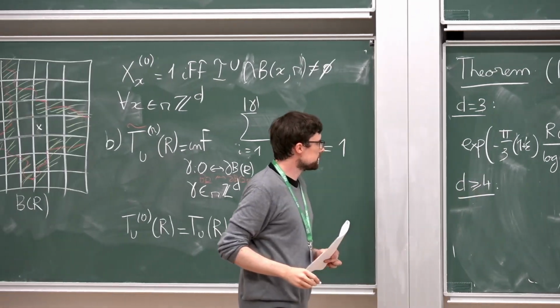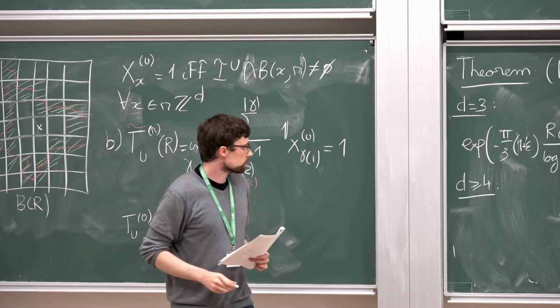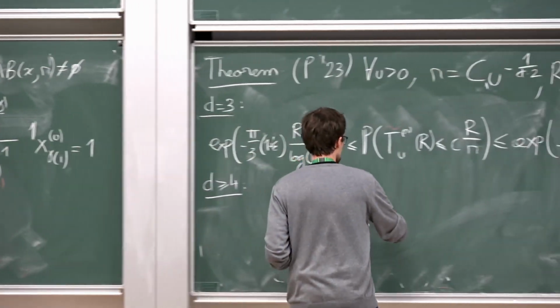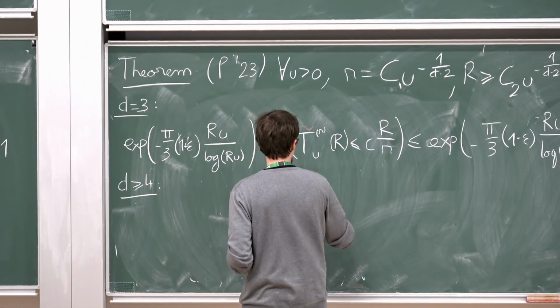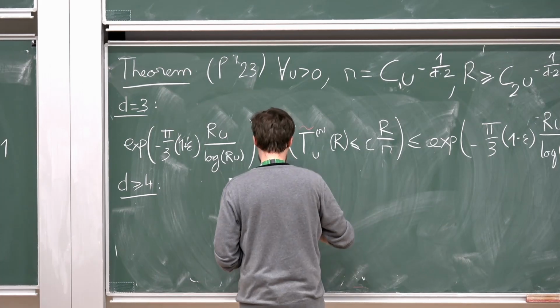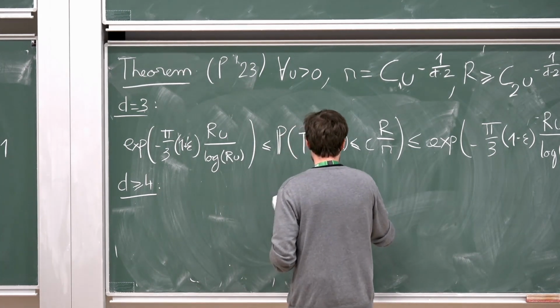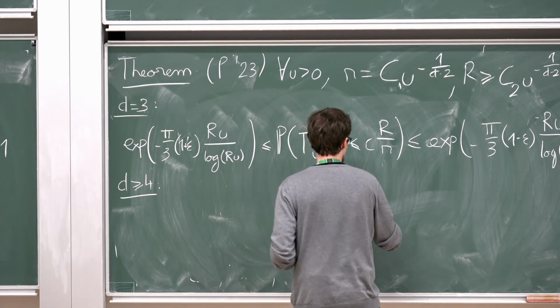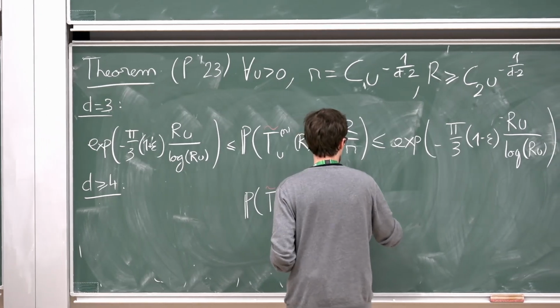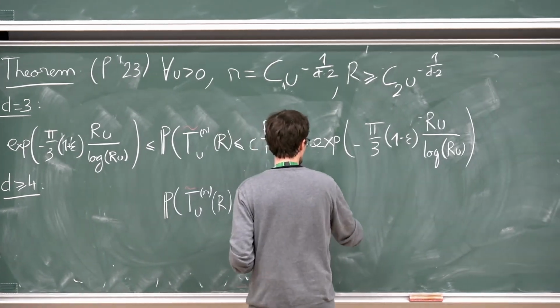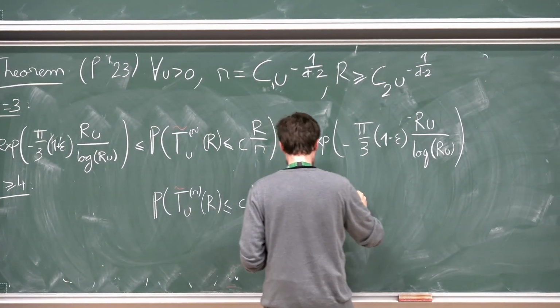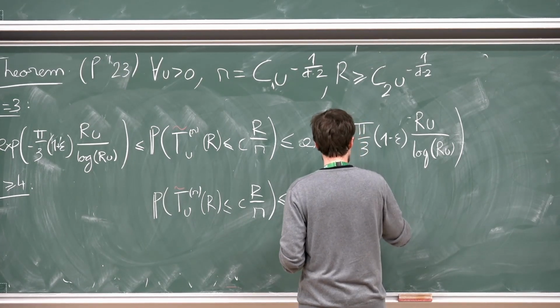not as explicit, but almost as explicit, results in higher dimension. So in higher dimension, what you can prove is that you decay exponentially fast, okay?